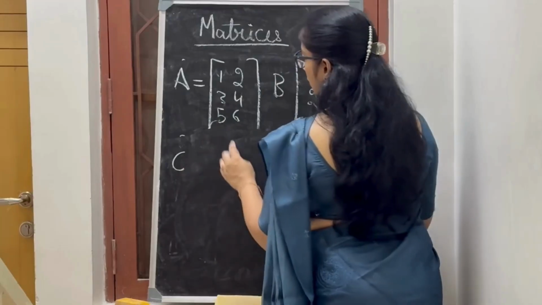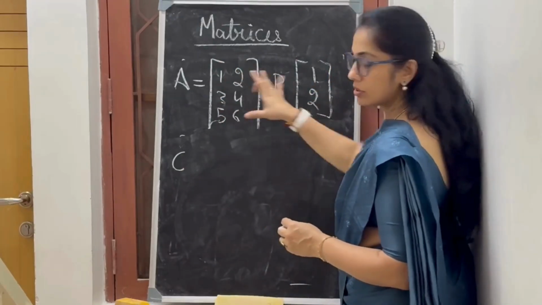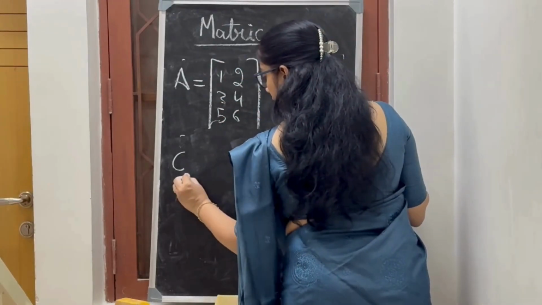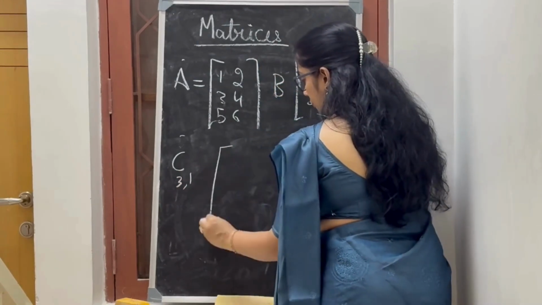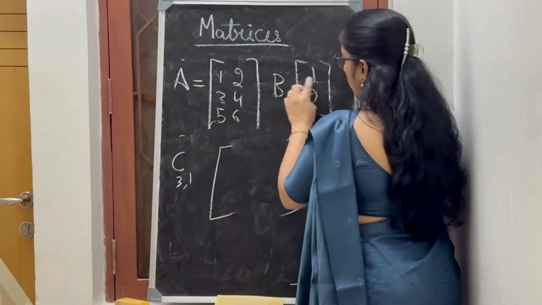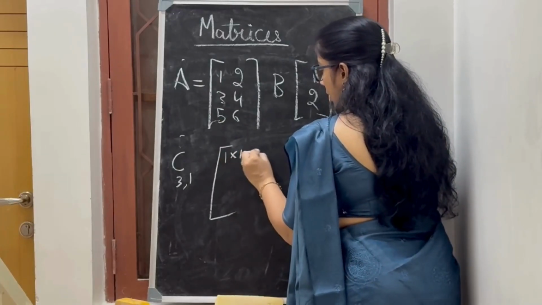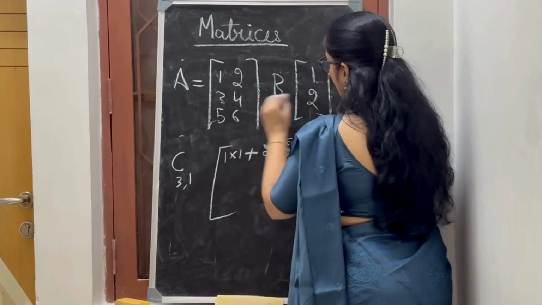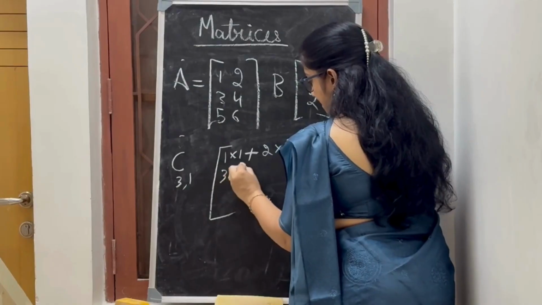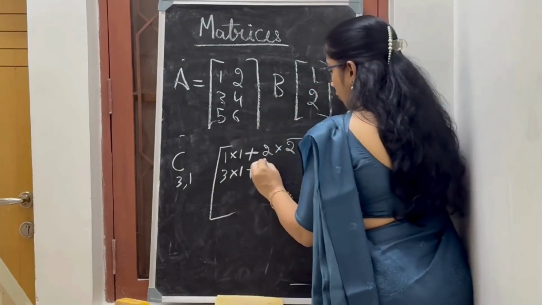So C equals MP. What is M? M was 3 rows, 1 column. So it will be 3, 1. Okay? How will I do it? 1 into 1 plus 2 into 2. 3 into 1 plus 4 into 2.